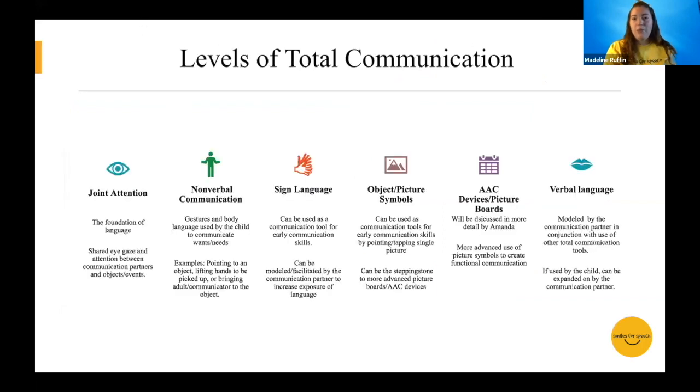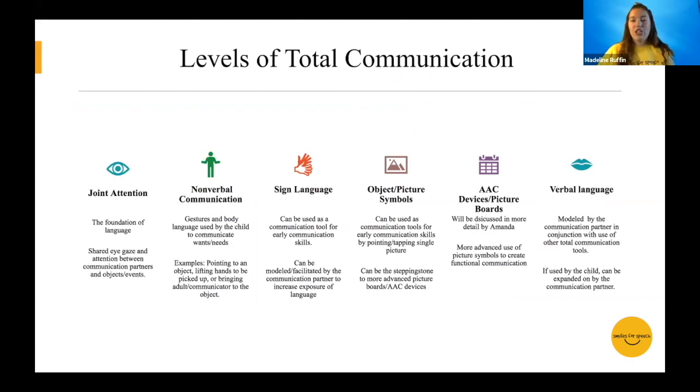So just to build a little bit more on those levels of total communication, as I mentioned, joint attention is the foundation of language. It's that shared eye gaze between a communication partner, a student, or a child, and an object or event.